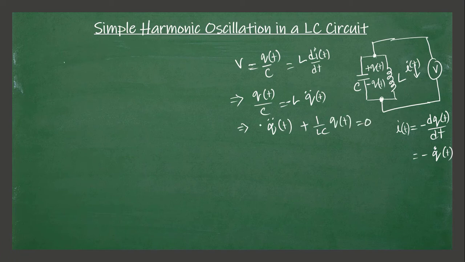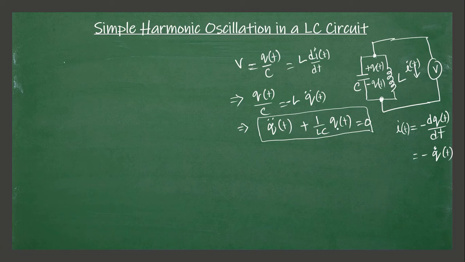Now, this differential equation should look familiar to you because this is the equation of simple harmonic motion, right? So that means this Q here, the charge across this circuit, is going through some simple harmonic oscillation.